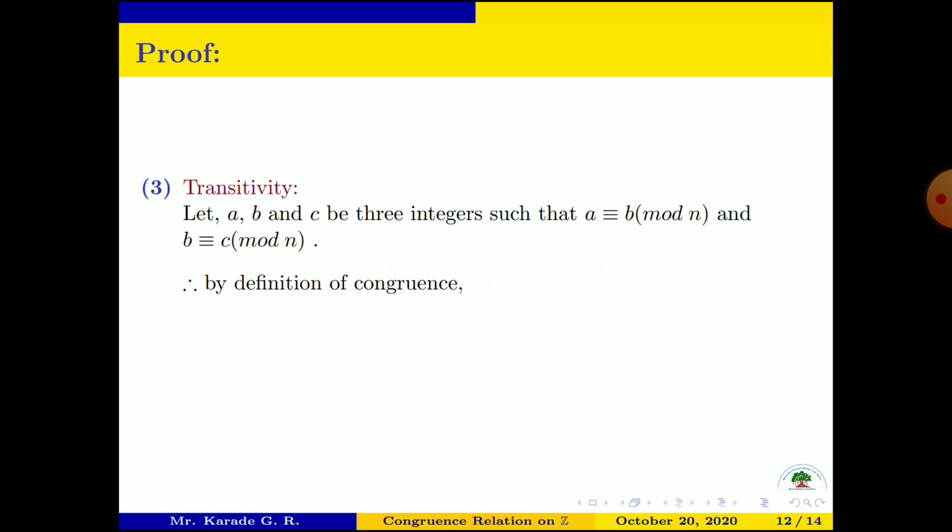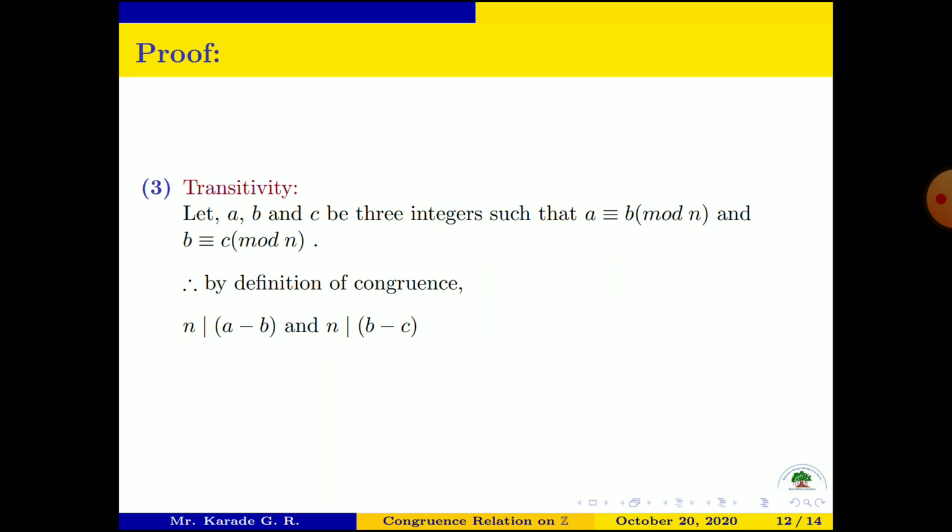Therefore, by definition of congruence, n divides a minus b and n divides b minus c.